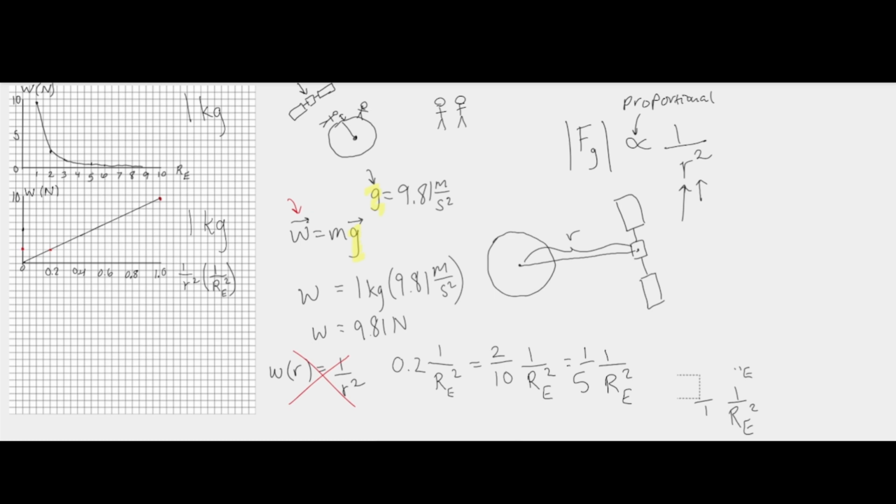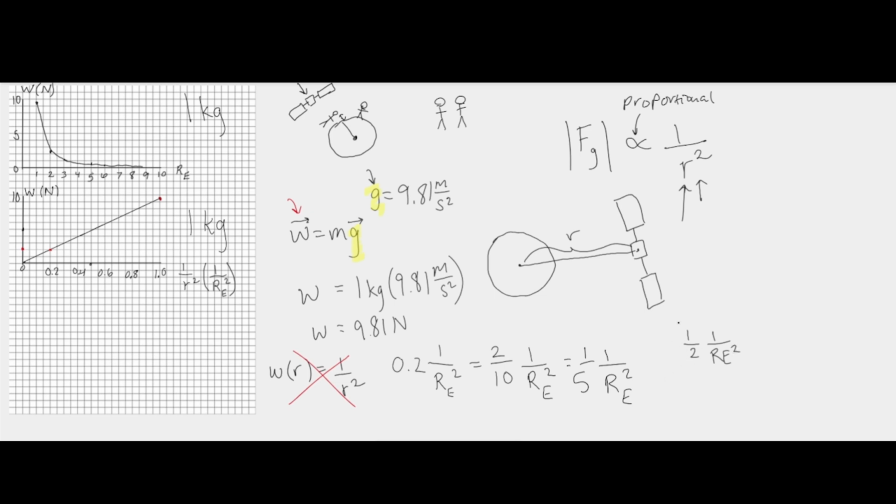So just to be sure this is clear, if we take the middle here, 1/2, which is 0.5, that would be right about here. 0.5, another way to write it, is 1/2. And our units are 1 over radius of the Earth squared.